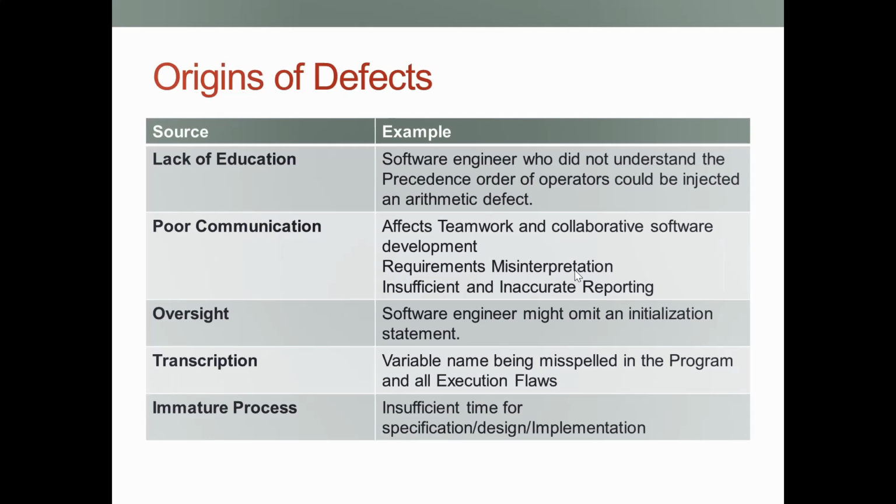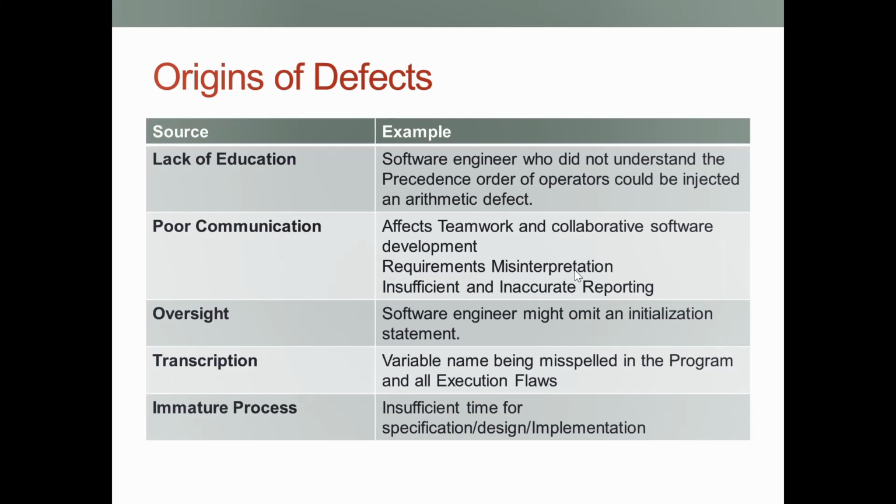If the software engineers do not have proper education, it is very difficult for them to develop a software without defects. For example, if a software programmer doesn't know about the precedence order of operators, it is very difficult for him to develop a software without arithmetic defects.